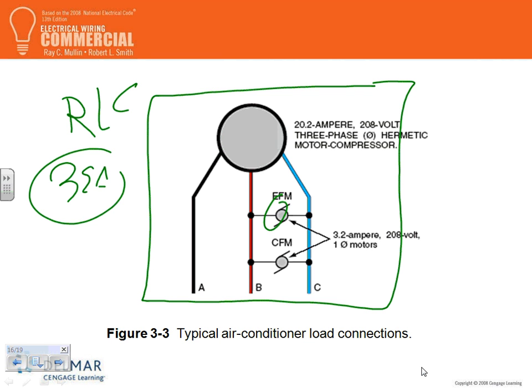That's all I need to know as an engineer and a designer to size for this equipment. What they're doing is not rocket science. They're treating 1, 2, 3 as 3 motors on one feeder. How do you treat 3 motors on one feeder? You take the largest motor multiplied by 1.25 plus the full load current of all the other motors.